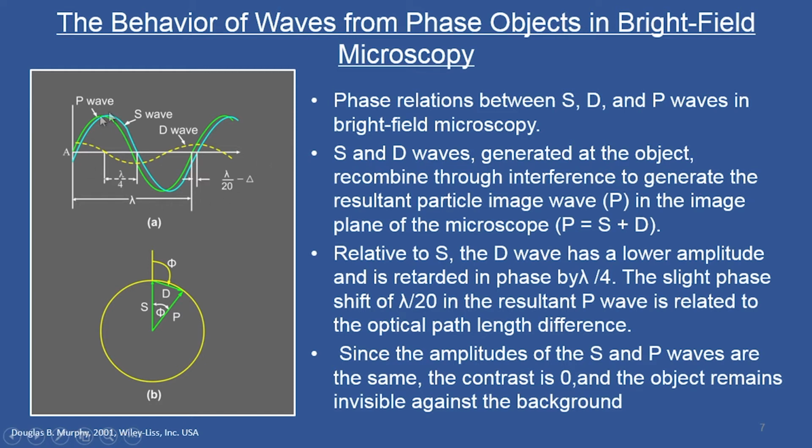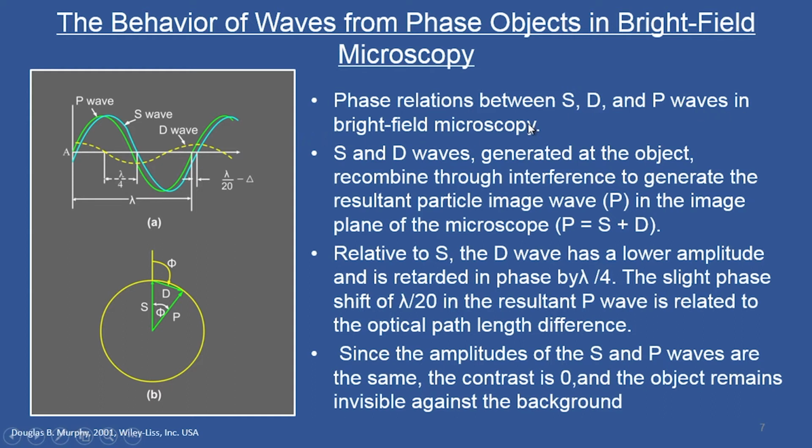So, please remember, we assume that these are the rays which are coming out of a phase object when they are in bright field illumination. So, let us see the phase relations between S, D and P waves in bright field microscopy.